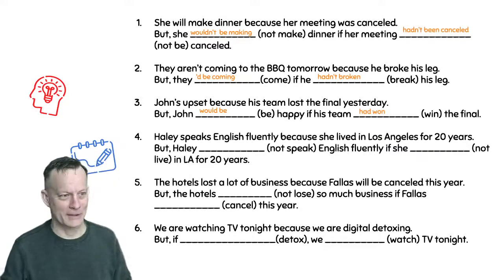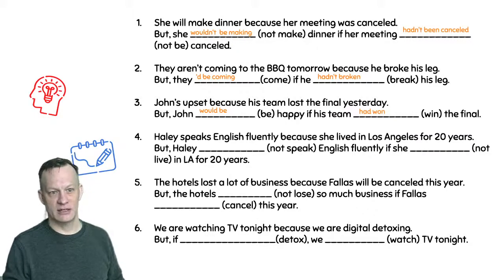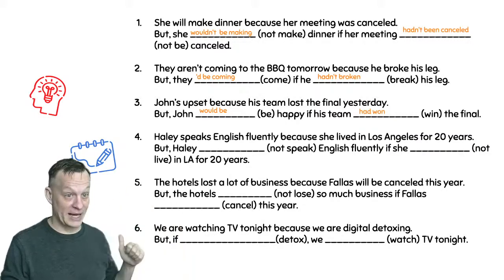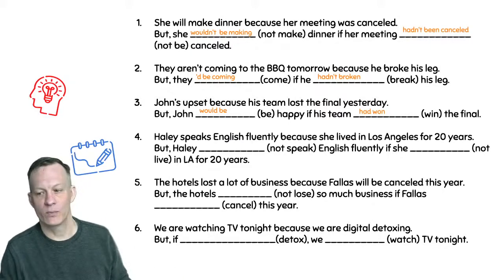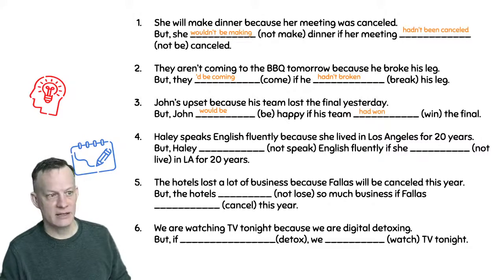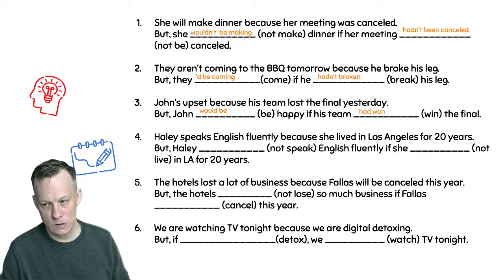That's the important thing. Haley speaks English fluently, present, because she lived in Los Angeles for 20 years. Past. So again, we're mixing the present and the past. Irene says Haley wouldn't speak English fluently if she hadn't live.